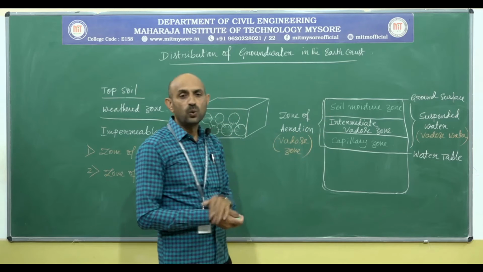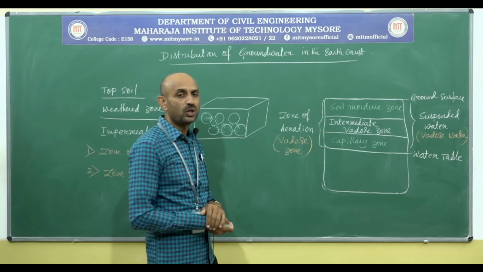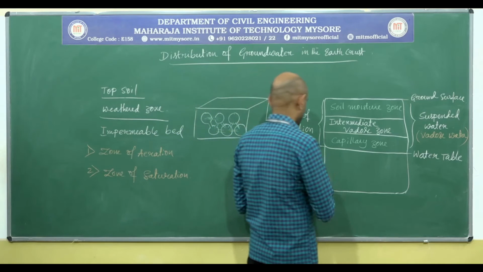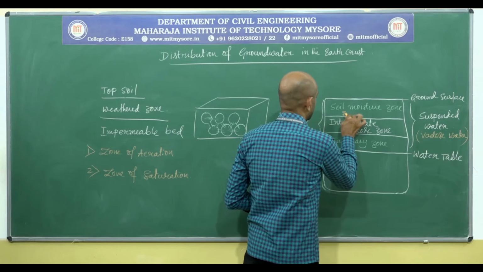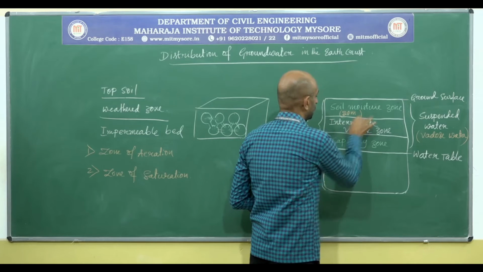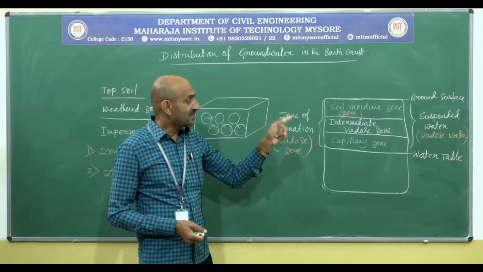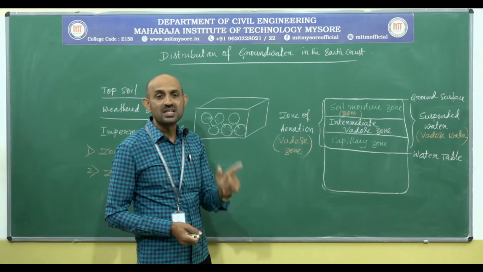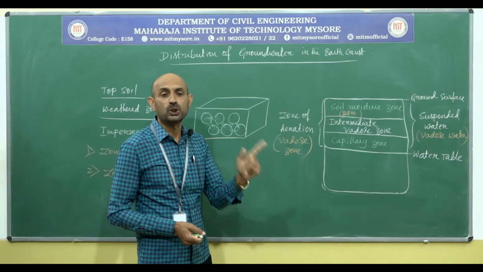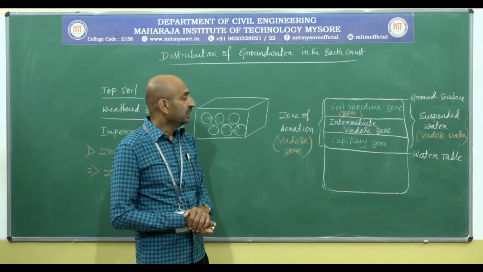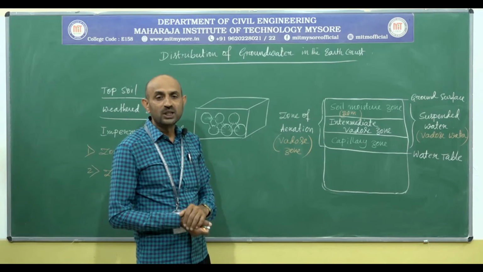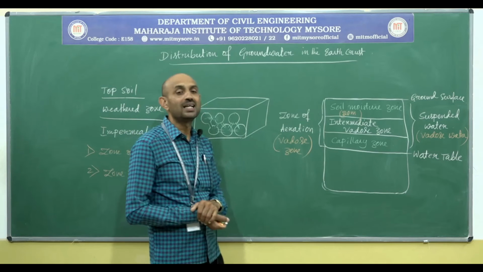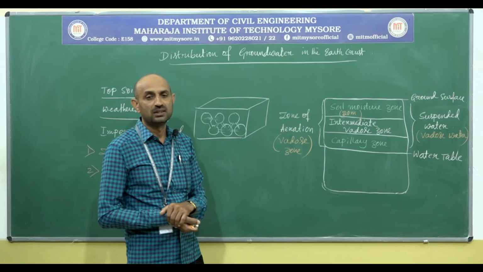The thickness varies from a few inches to a maximum of 20 meters. The thickness of this soil water zone depends upon what type of vegetation we find on that particular terrain. It covers the root zone of plants and plays a vital role in agricultural development.